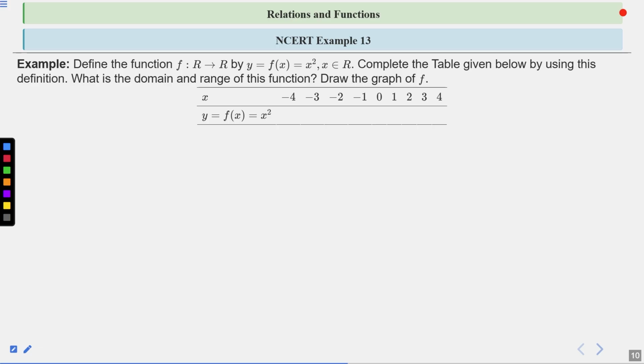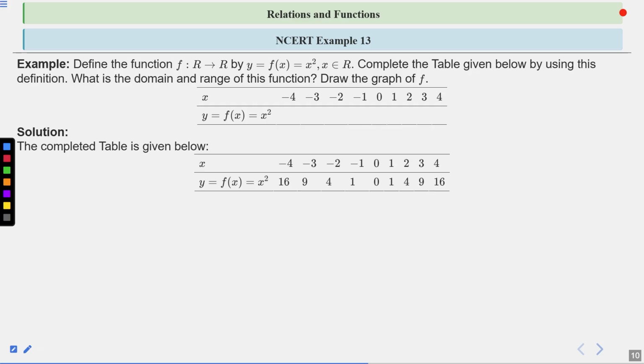So a table is given to us, quite simple. We are given some values for x: minus 4, minus 3, minus 2 and till 4, and we have to find the corresponding y value according to the rule defined here. Clear? Quite simple. So the solution, the completed table, is this.